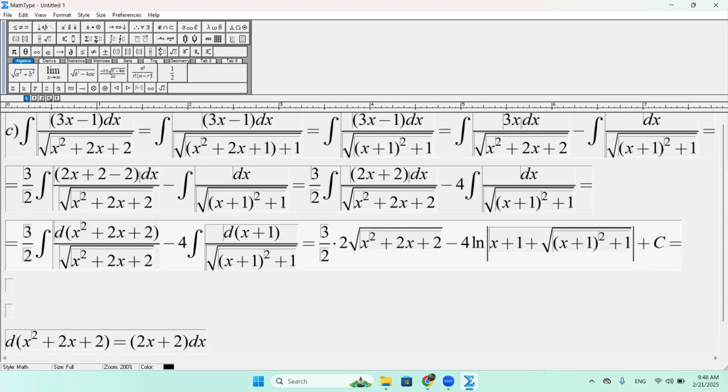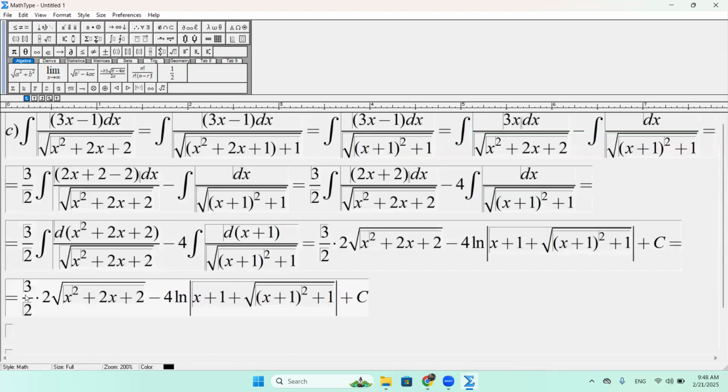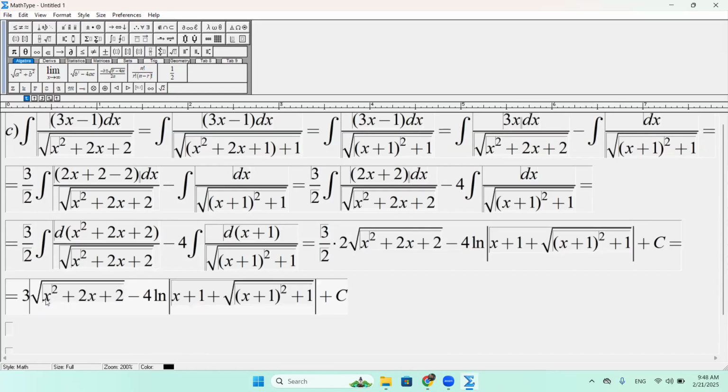Of course, it's a good idea to simplify, so just to cancel 2, and we will receive 3 square roots. So that's it. Any questions about this task?